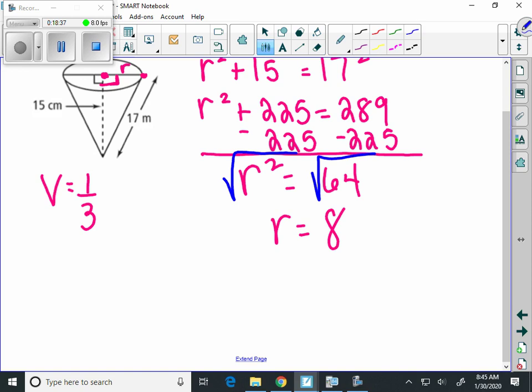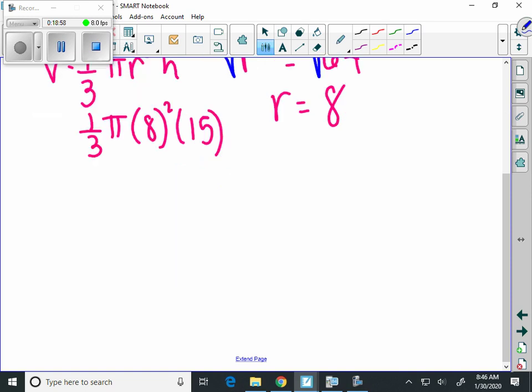But the area of the base is pi r squared times h. We can fill in what we know. We know pi. We just found the radius. Our height is 15. And I'm going to type in all of those numbers. I'm not going to type in the pi because it says leave your answer in terms of pi.